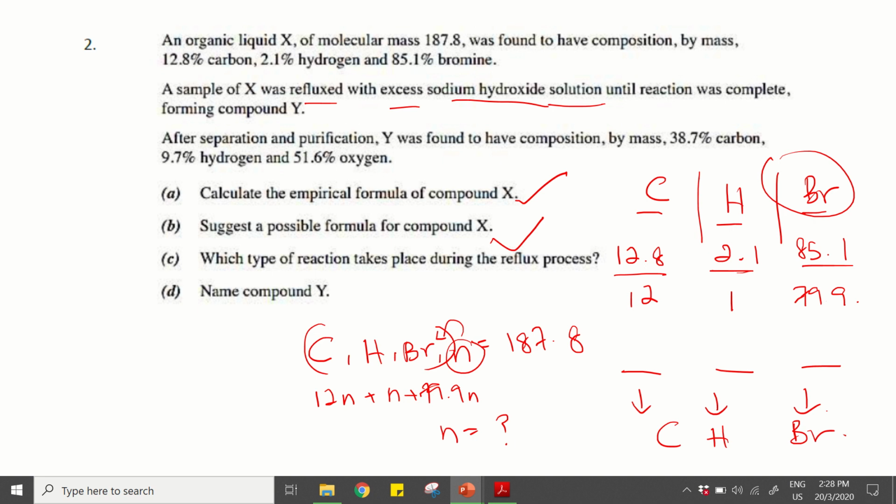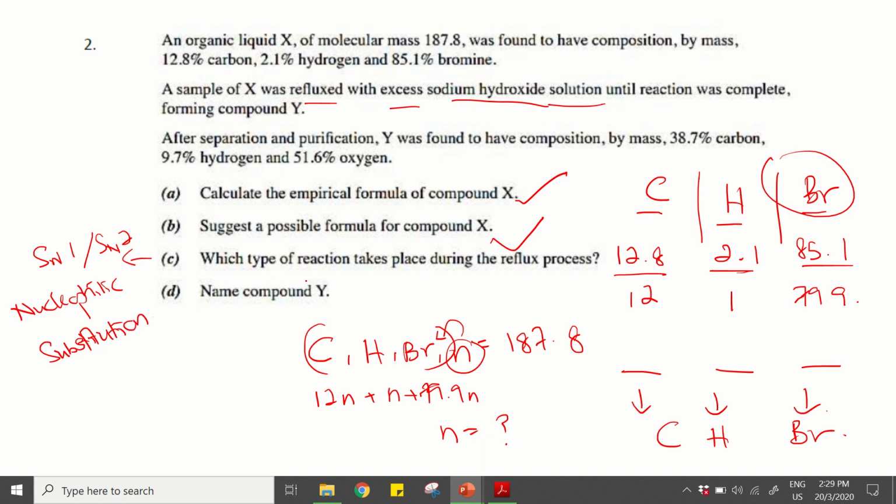So what type of reaction is this? For C, it should be either SN1 or SN2. Either way would do because we can't see the structure. So we know that it must be nucleophilic substitution.